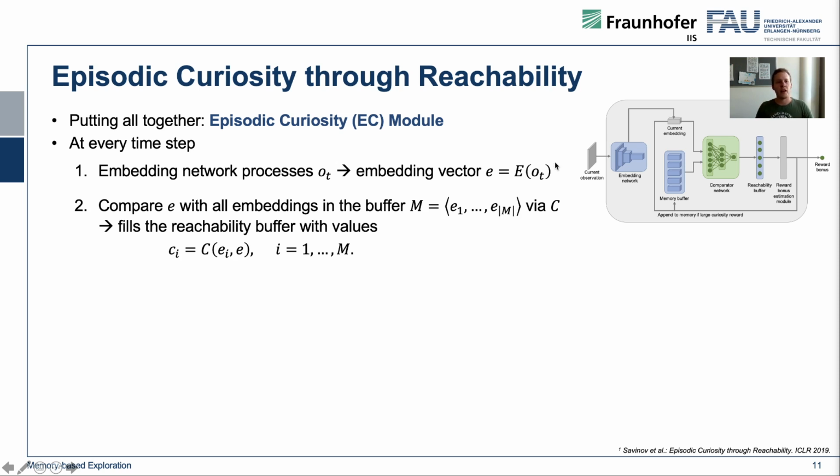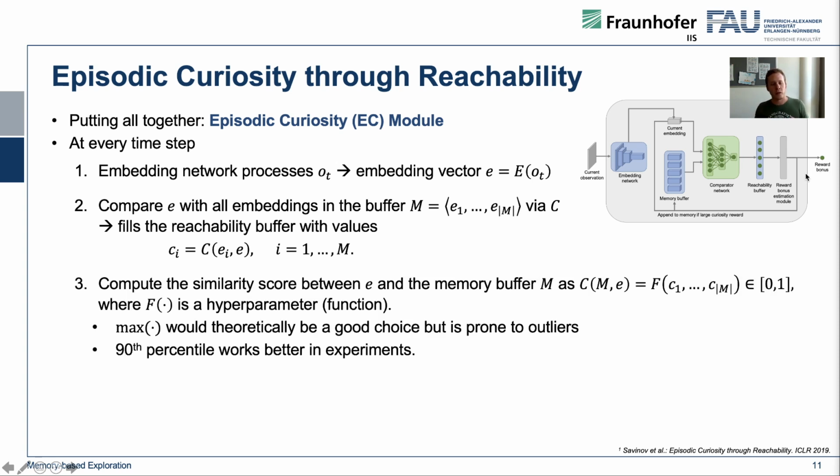Then we compare e with all the embeddings in the buffer that we already have, with our comparator network C. And from this, for all the elements, we get a list of compared values between 0 and 1, from which we can fill the reachability buffer.